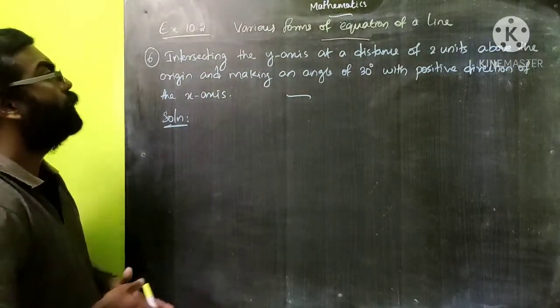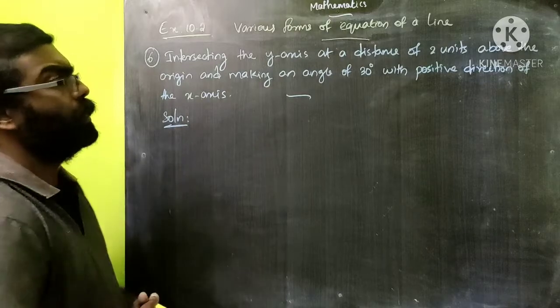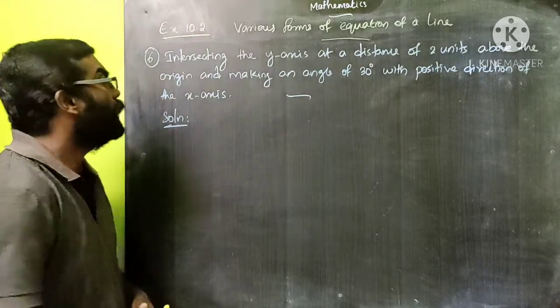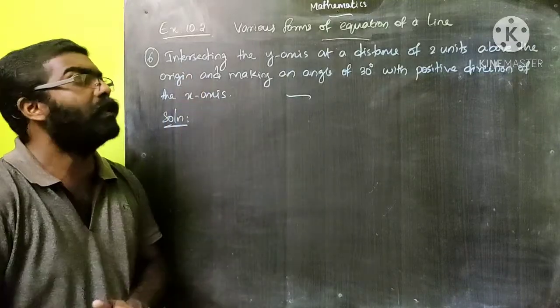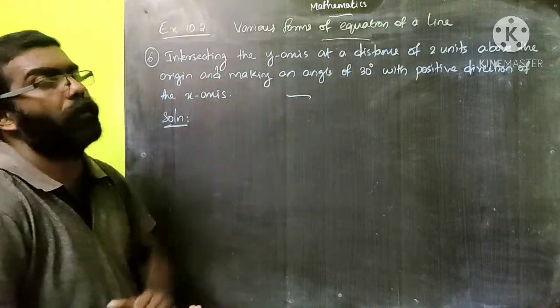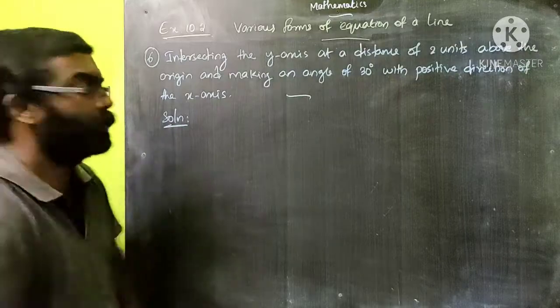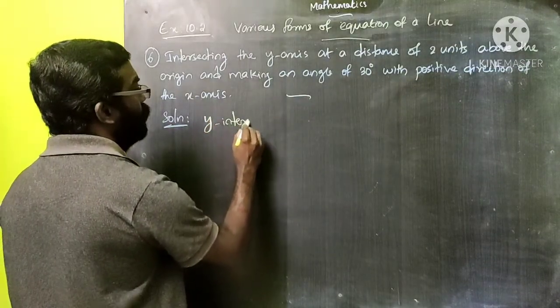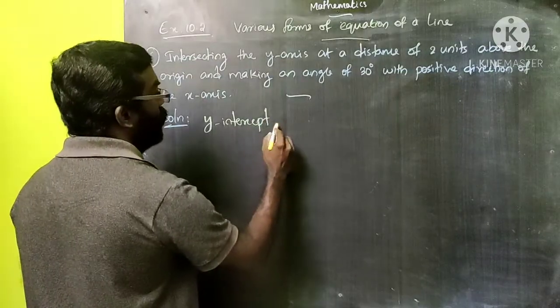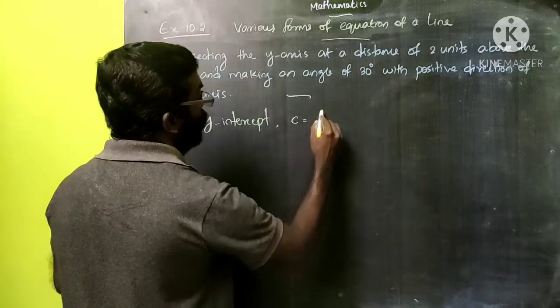Find the equation of the line intersecting the y-axis at a distance of 2 units above the origin. So the line intersects the y-axis at a distance 2 units above the origin. That is the y-intercept, denoted by the letter c, which is equal to 2.